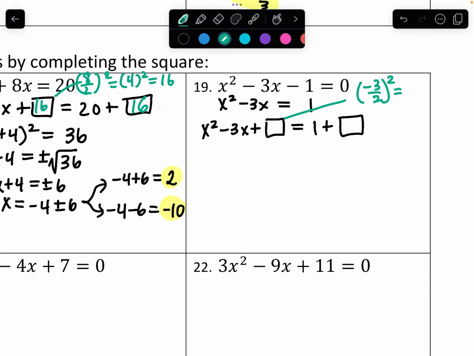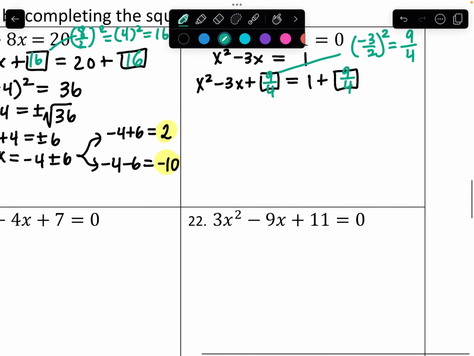And since that's a fraction, we're going to square the top and square the bottom, so we get 9/4. Okay, and so the left side is going to factor to (x - 3/2)^2. And then on the right, we need a common denominator, so we get 4/4 + 9/4, which is 13/4.